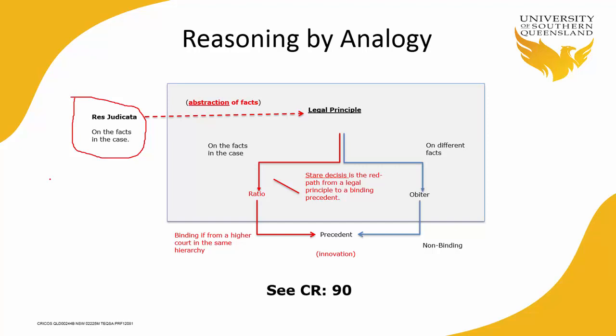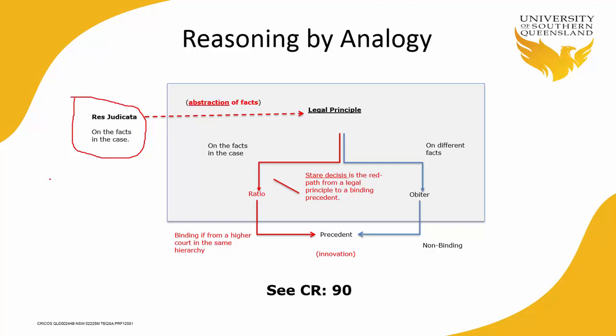And this brings in the other doctrine we've just spoken about, which is stare decisis. Okay? Stare decisis basically is saying that the court in a hierarchy basically stands by the decision that was made in the previous case.